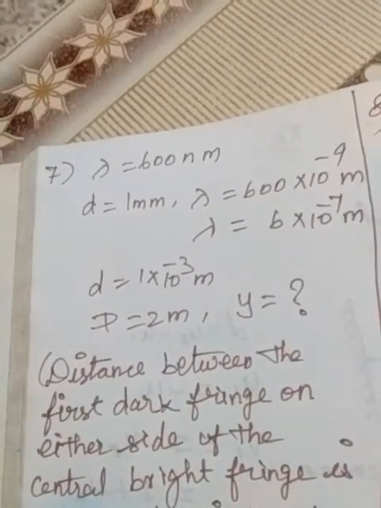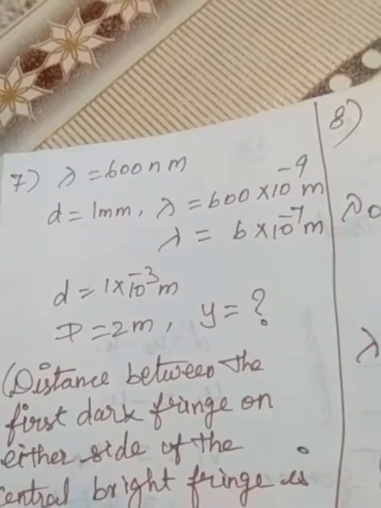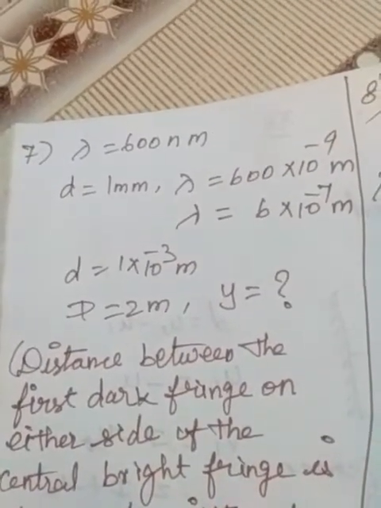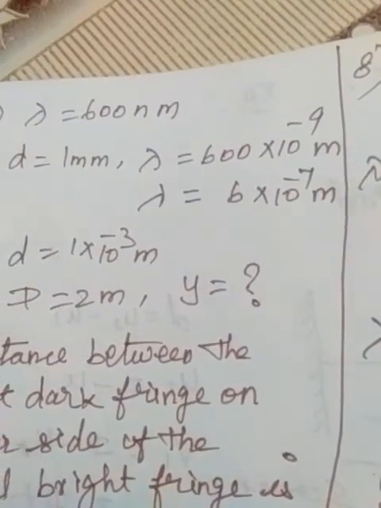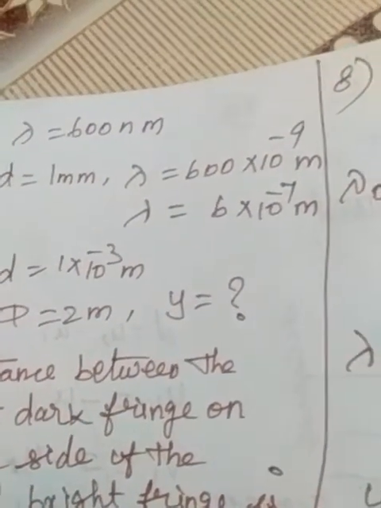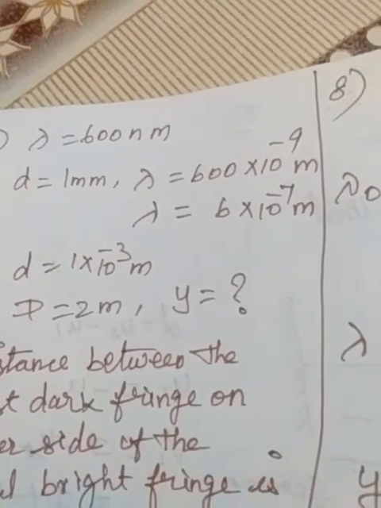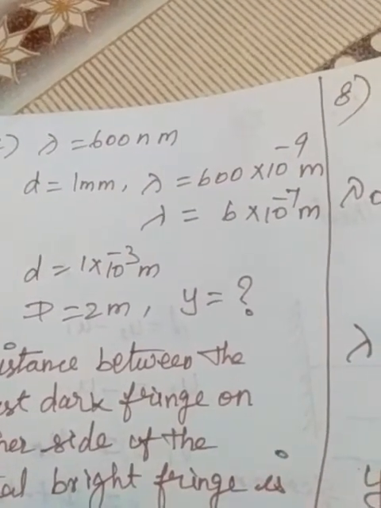So you see that first the lambda, the value of lambda equal to 600 nanometer. For the nanometer, we have to write nano means 10 to the power of minus 9, the 9th lesson we have to study, right? Nano means what? 10 to the power of minus 9, yeah.